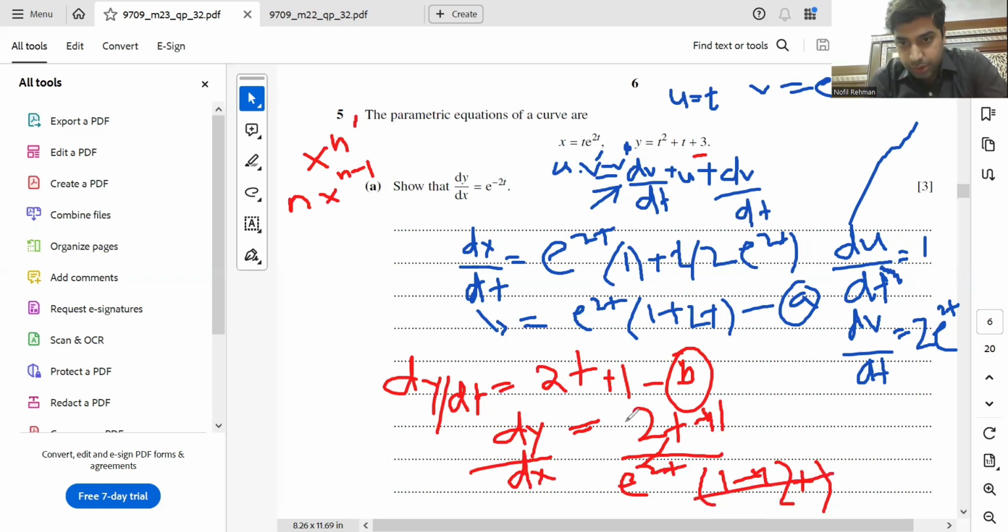Since numerator and denominator have it in common, we will cancel it. The answer would be exponent minus 2t, which was actually what we had to prove. So hence we have proved this.